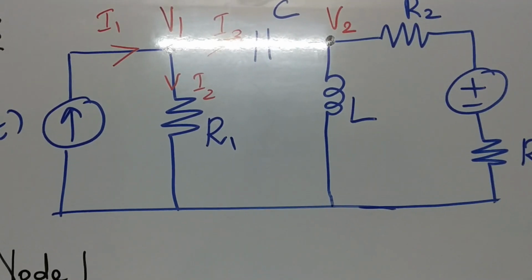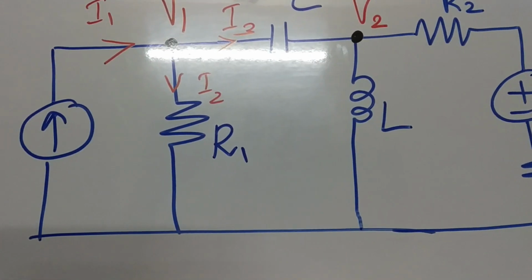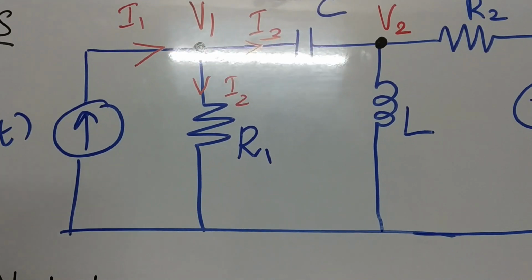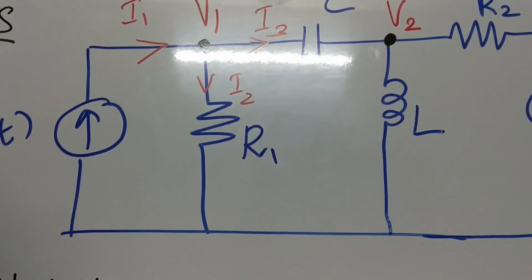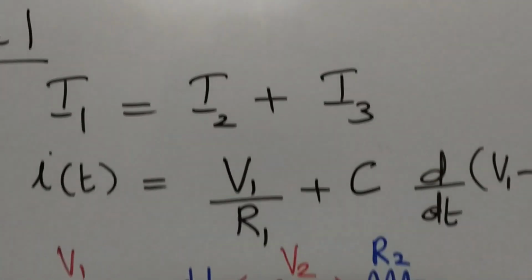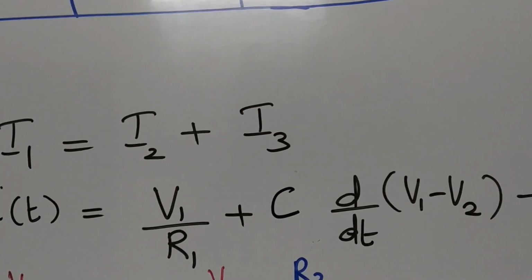Here there are two potentials, V1 and V2, and we have assumed that current is flowing from V1 to V2. Current will always flow from higher potential to lower potential, so you should take it as V1 minus V2. So the equation will be C into d by dt of V1 minus V2.